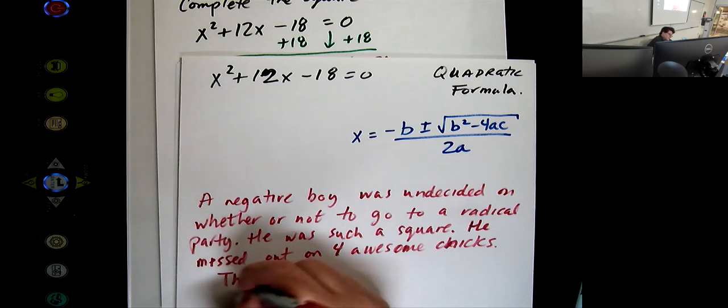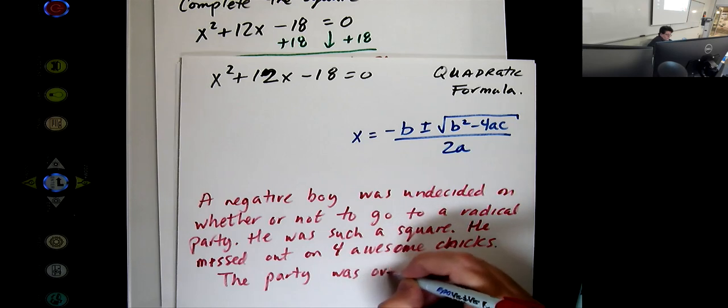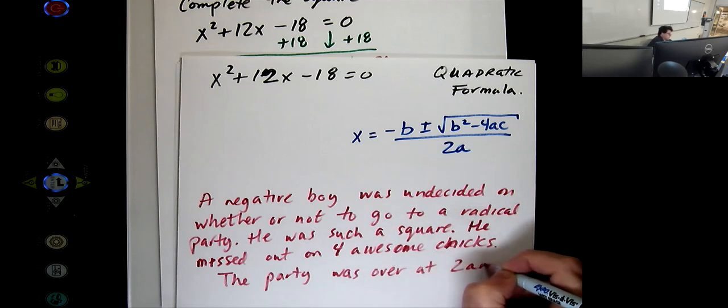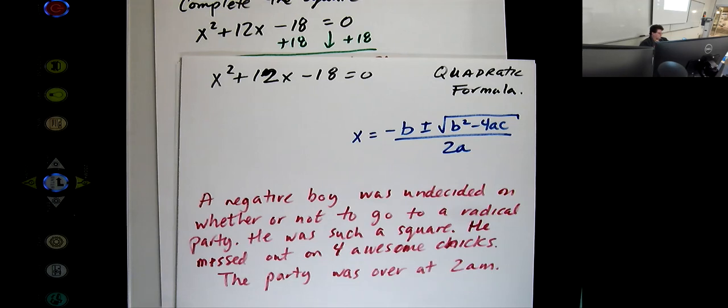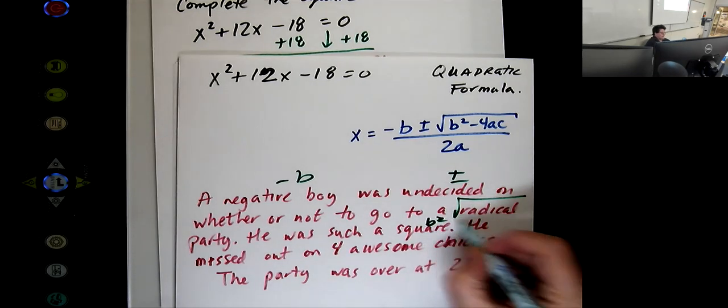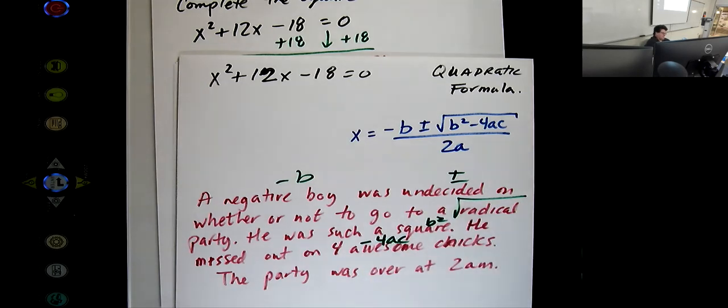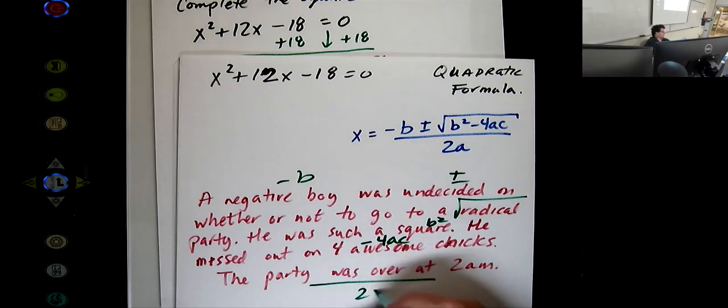The party was over at 2 a.m. So the negative boy, negative b, was undecided, plus or minus, whether or not to go to a radical party. He was such a square that he missed out on 4 awesome chicks. It was all over 2 a.m.